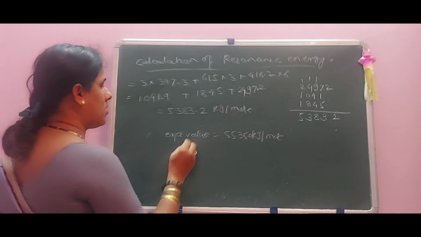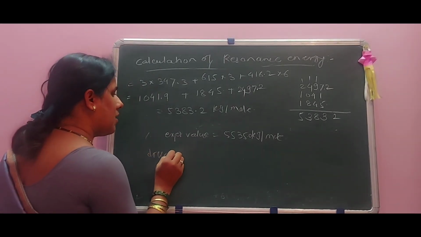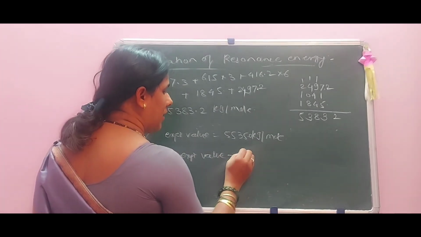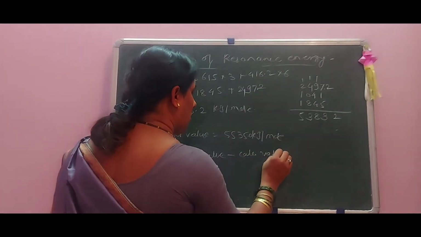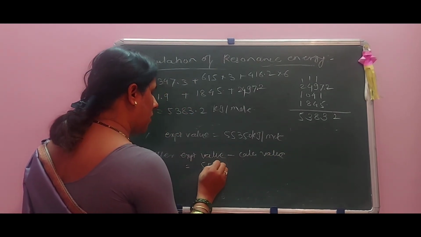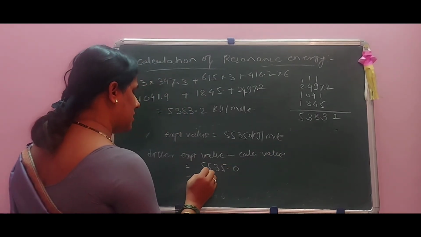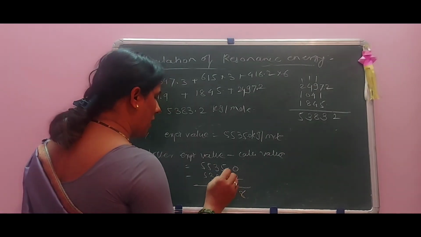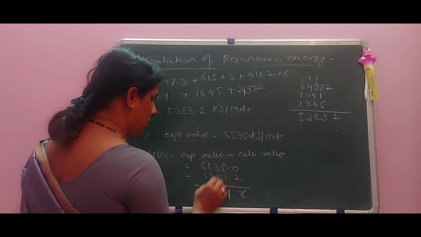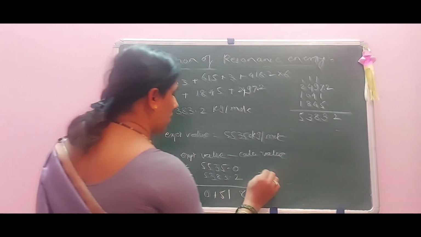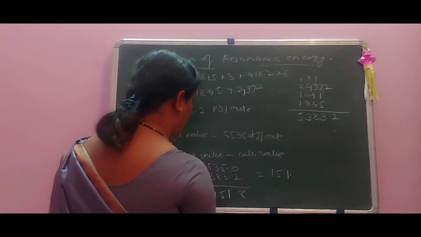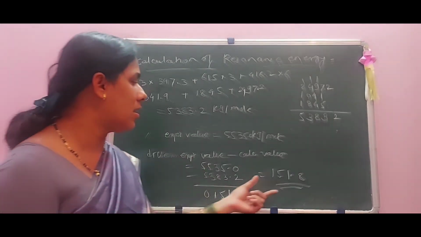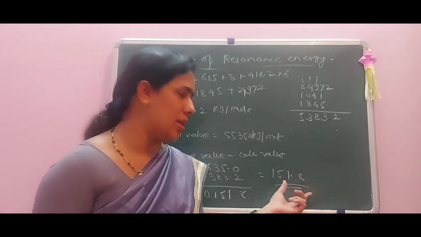What is the difference between the experimental value and the calculated value? That is 5535.0 minus 5383.2. What is the remaining? That is 151.8. This much extra energy is required for the resonance energy.